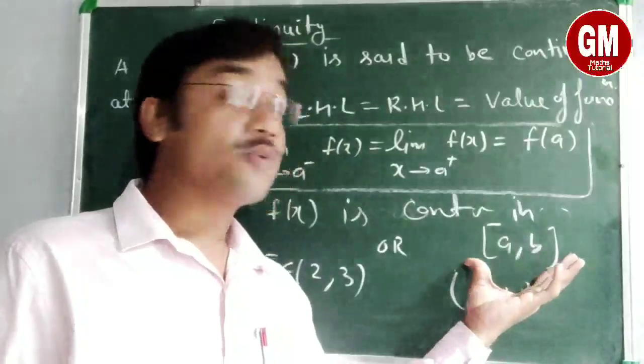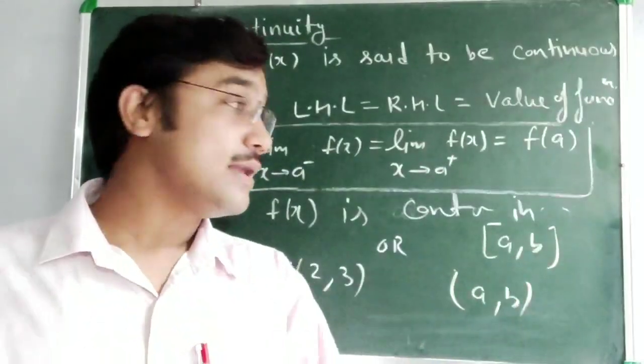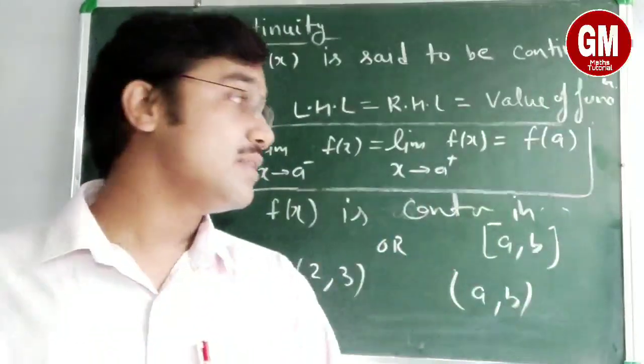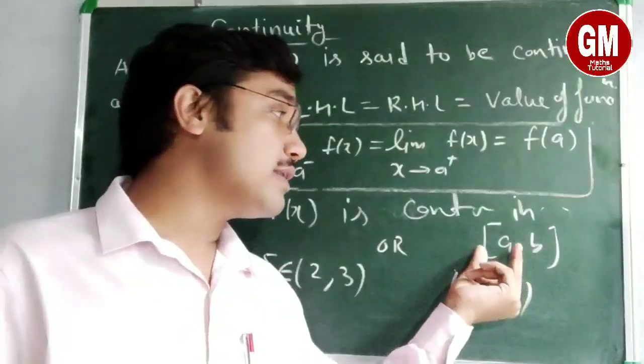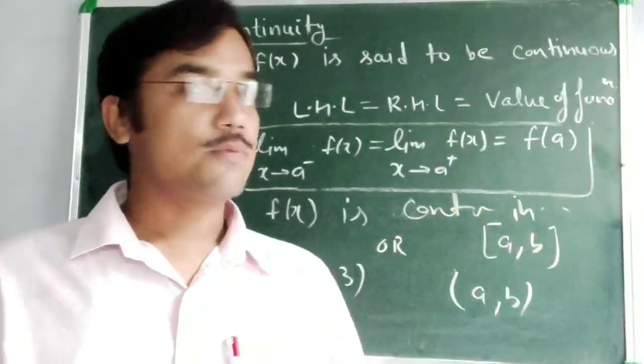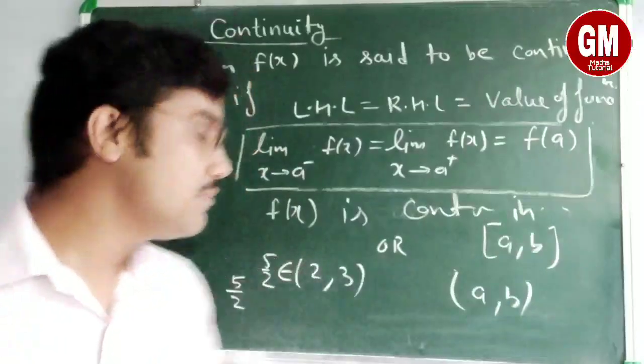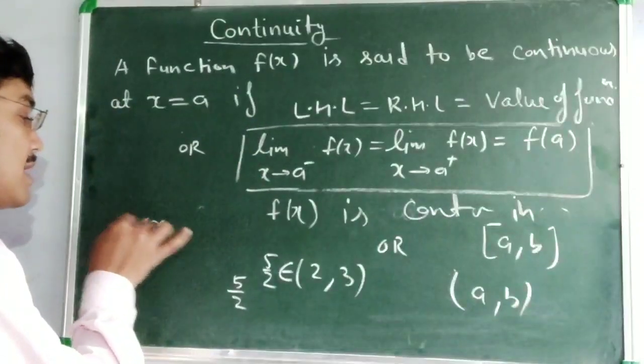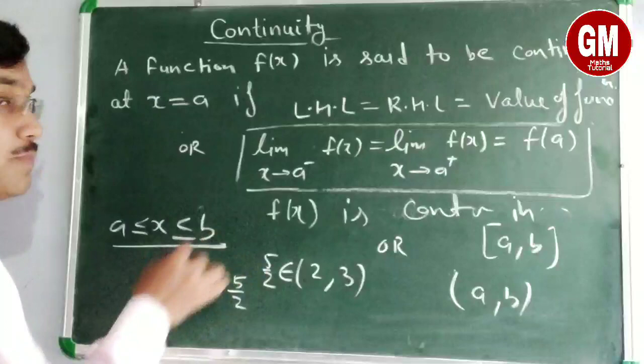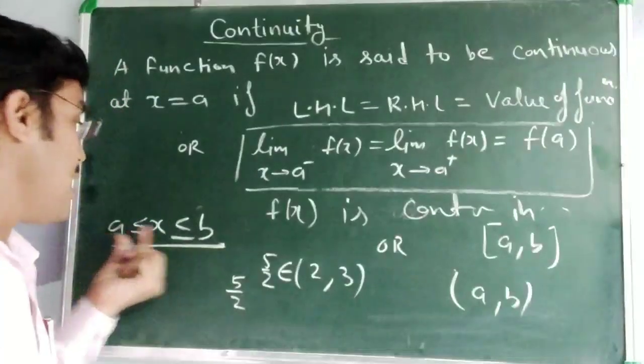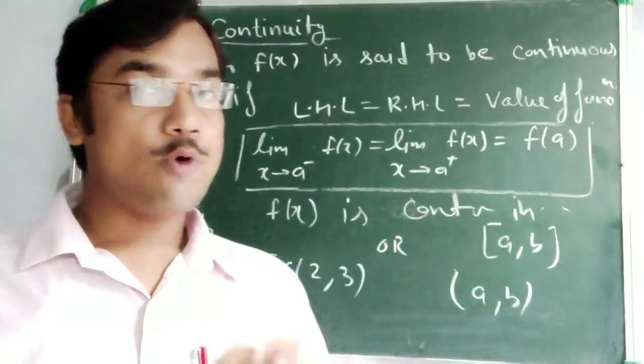If we have to check in a closed interval, how can we check? First of all, you check the continuity at a and b, because by definition a and b are also included in the interval.